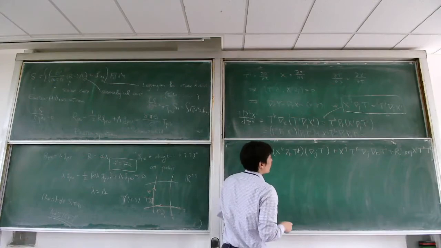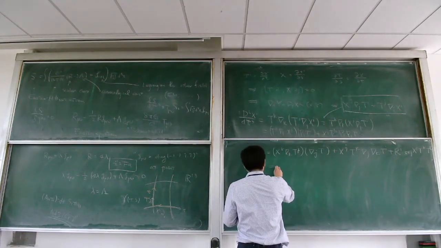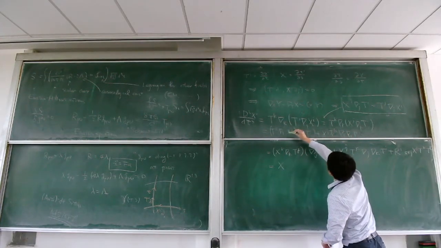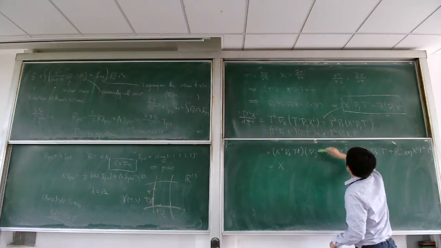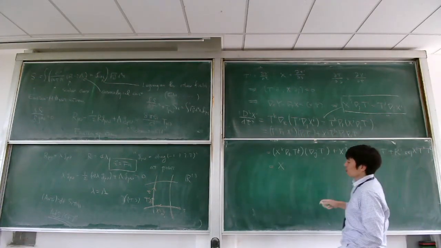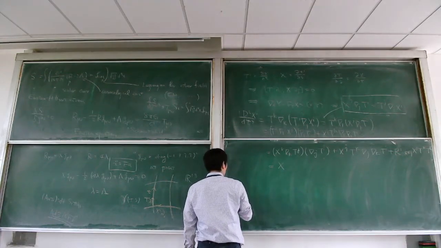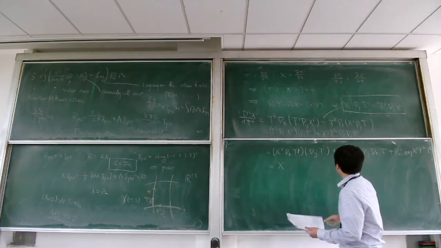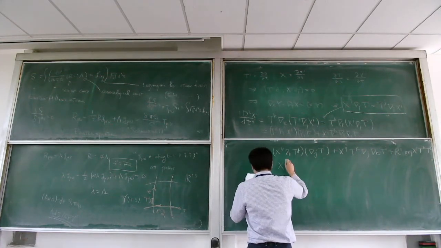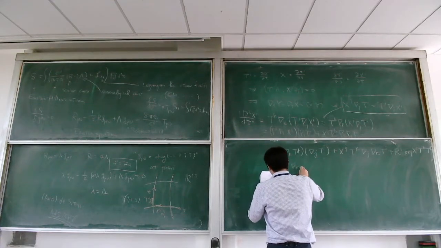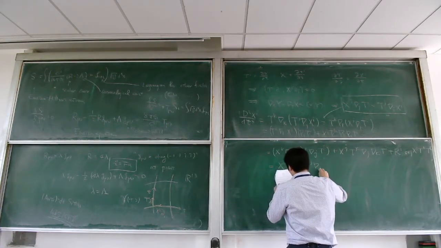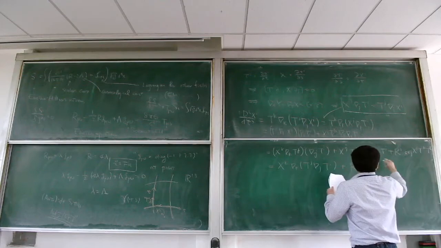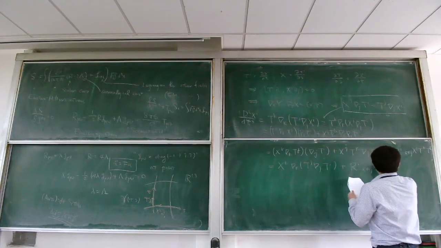First, I apply this one here, and this part is equal to this part. Then X^k nabla_k T^j nabla_j T^i. I rewrite everything using the Leibniz rule.